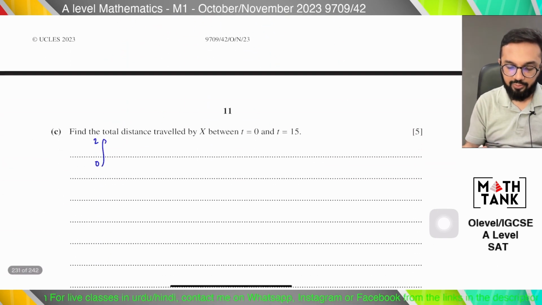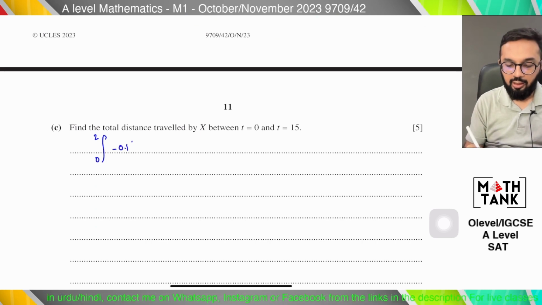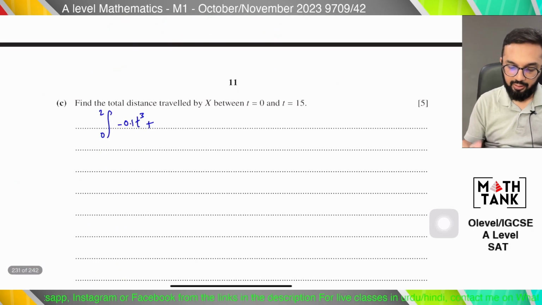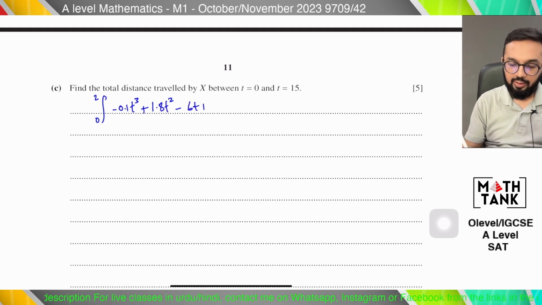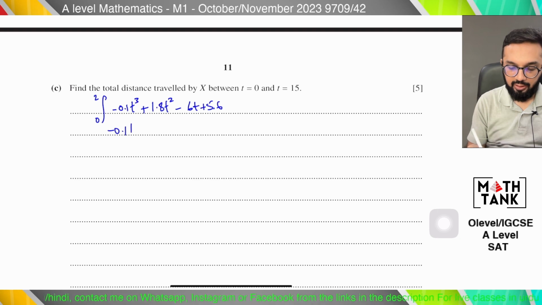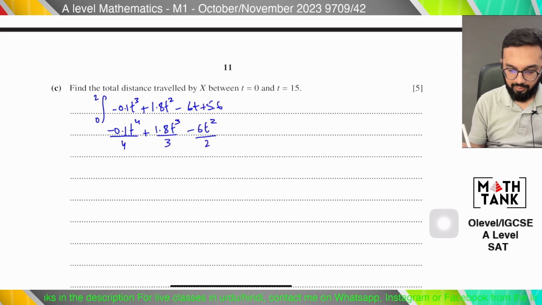I'm going to use this expression that I have for velocity, minus 0.1 t cubed plus 1.8 t squared minus 6t plus 5.6. So I just have to keep changing the limits for my question. First, I'm going to integrate. This becomes t to the power 4 divided by 4, 1.8 t cubed divided by 3, 6t squared divided by 2.